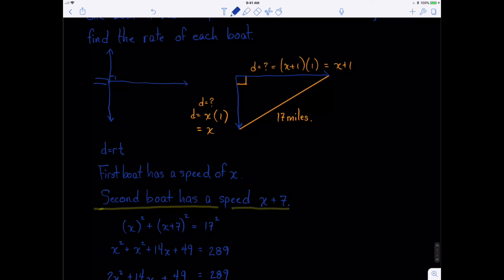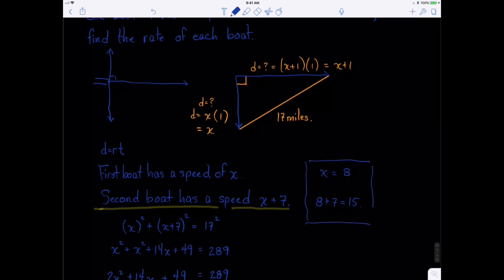So in other words, if x here is 8, then we know that 8 plus 7 is 15. So the second boat is traveling at a rate of 15 miles per hour.